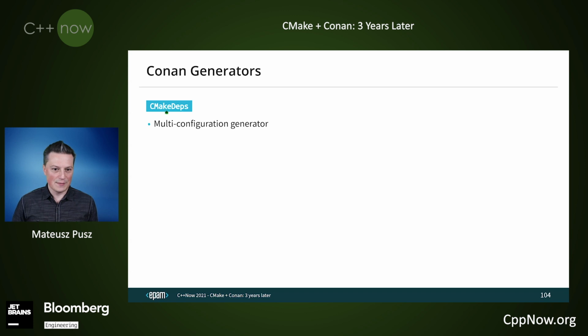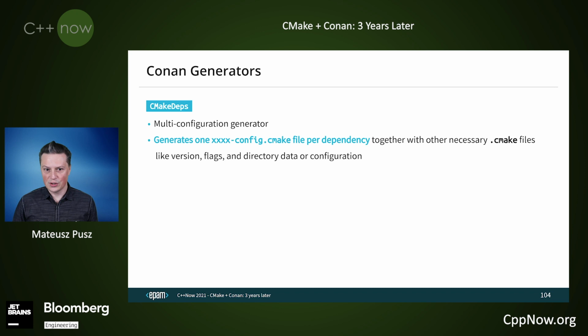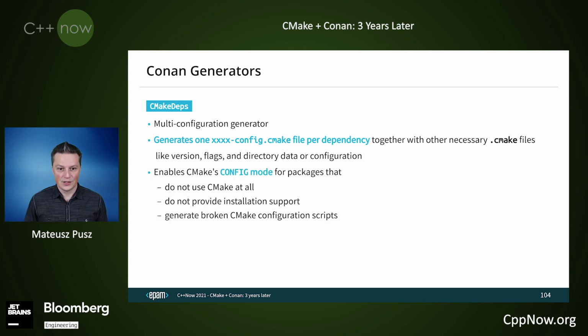Another Conan generator is CMake deps. It's a multi-configuration generator. It generates one config per dependency. So it generates all of those config files for you. So if you are actually lazy with CMake, you don't have to generate them anymore. Conan will basically create them for you. And it will also allow you to use packages that, for example, don't use CMake at all, or do not provide installation support at all.